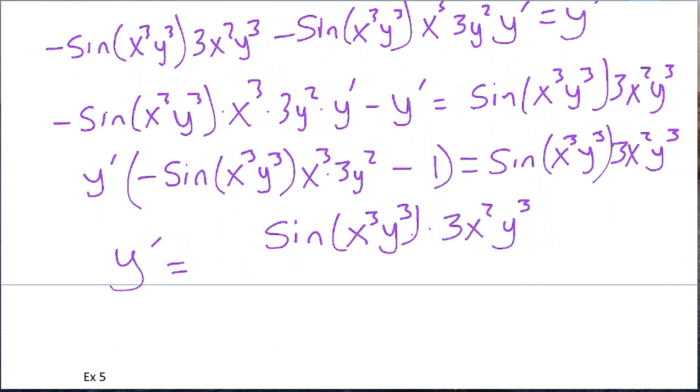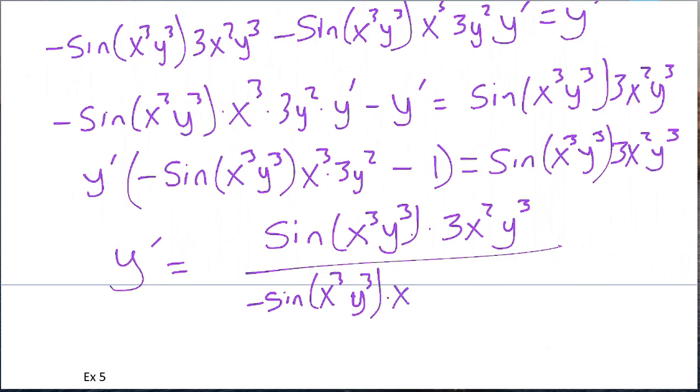You're going to need to make sure you put parentheses around that sine x cubed y cubed. And then we're going to divide by negative sine x cubed y cubed, close the parenthesis, times x cubed times 3y squared minus 1, and now I'm done. And that was a mess. And I understand that was a mess.